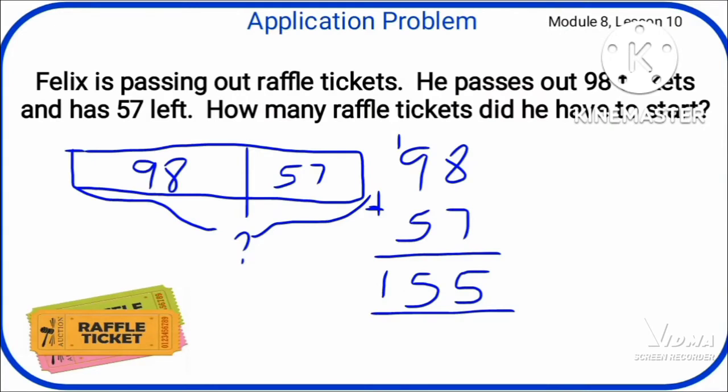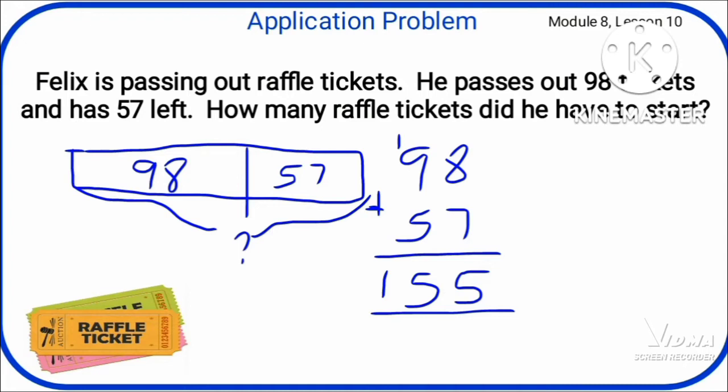Here's an application problem. Felix is passing out raffle tickets. He passes out 98 tickets and has 57 left. How many raffle tickets did he have to start?